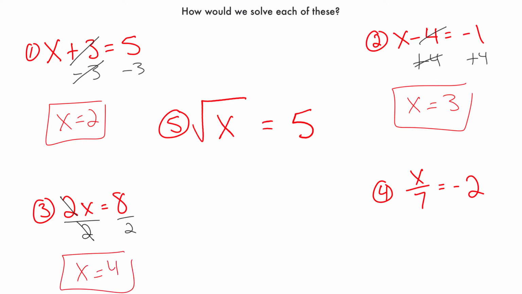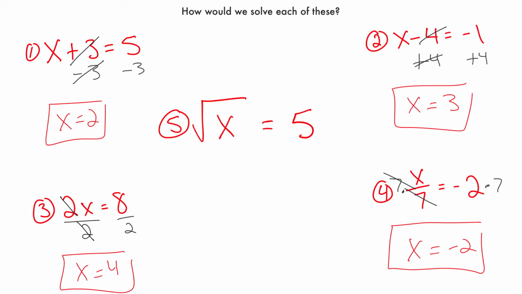No big deal. Fourth one, we have x divided by 7 is equal to negative 2. I would multiply both sides by 7. The reason I multiply both sides by 7 is because division of 7 and multiplication of 7 are inverses, and they undo each other. Hopefully at this point I'm sounding like a broken record, because I'm about to actually break that record.